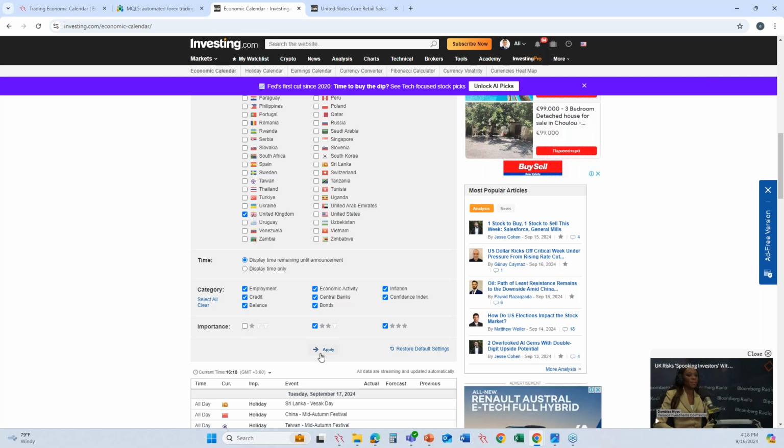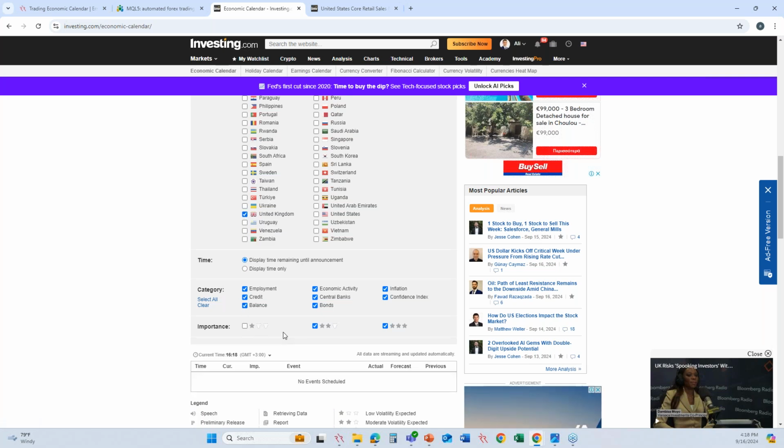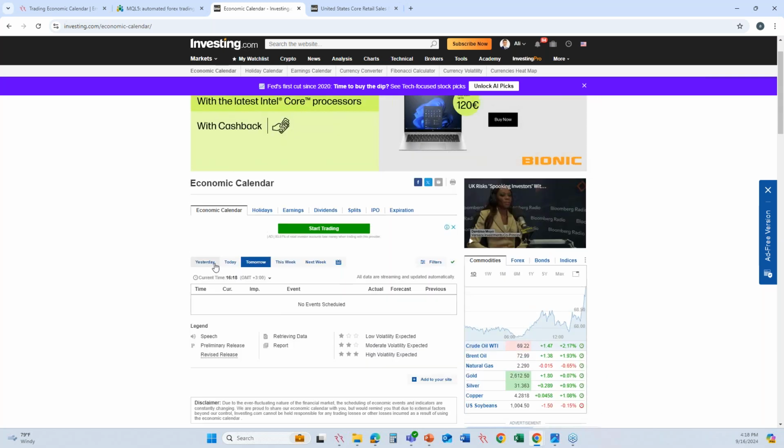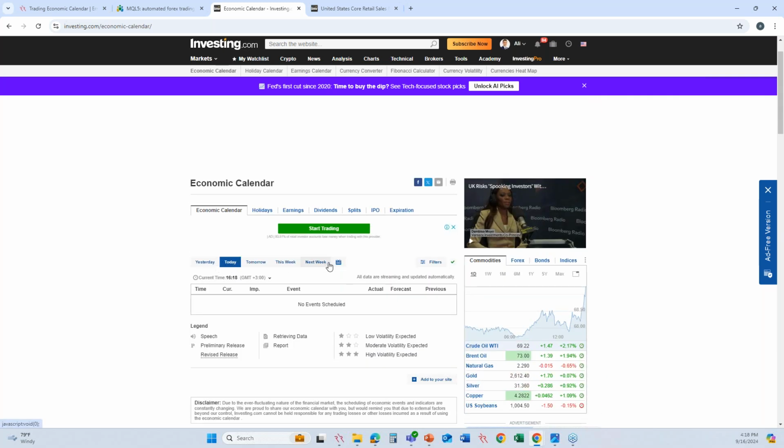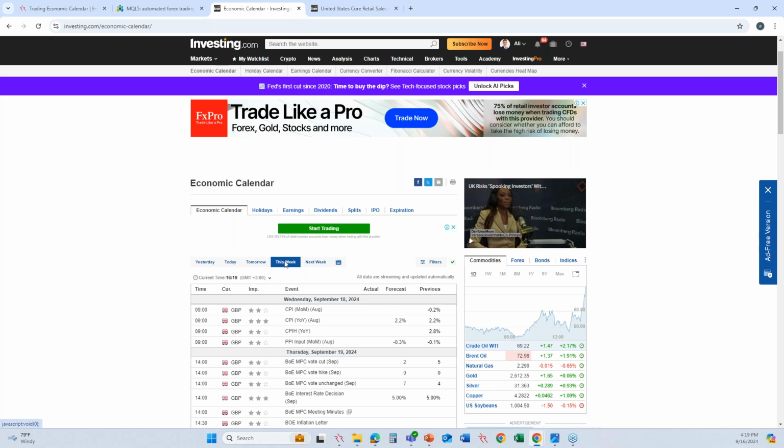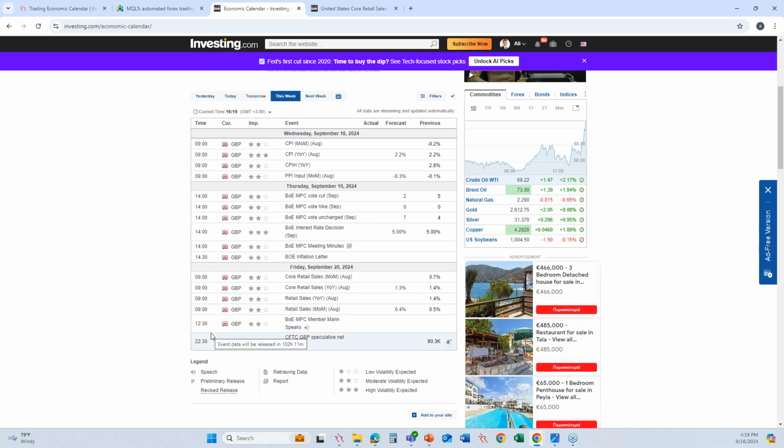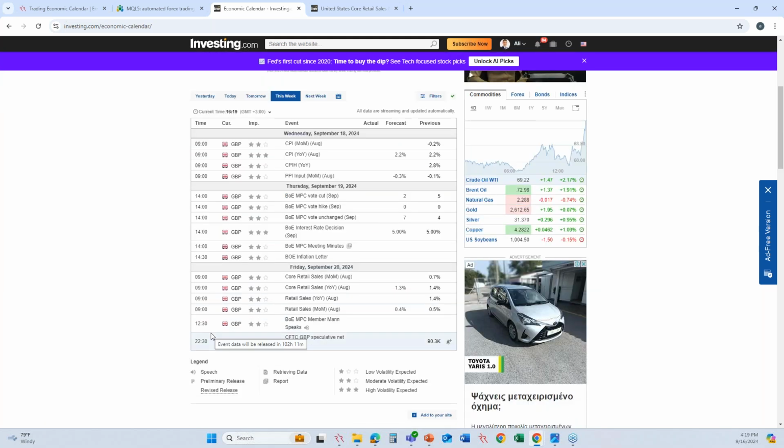I don't want the less important data, and that's it. And you see the data released this week, and this time the CPI has not been released yet, but we expect it this week.